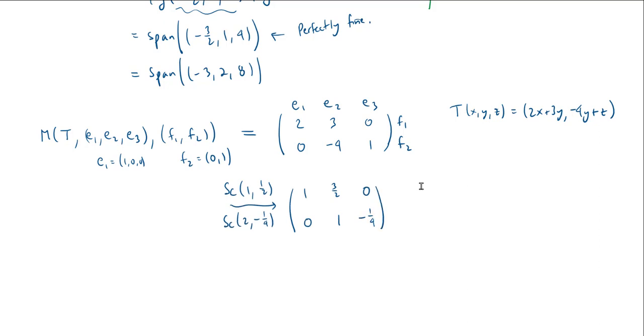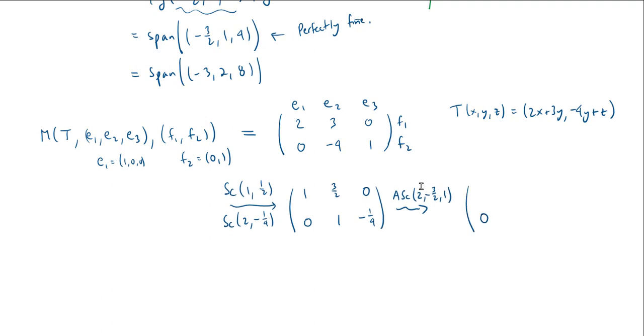Now I can clear this 3/2 if I like. To do that we need to multiply the second row by negative 3/2 and add it. This is the one where we add a scaled row: we take row 2, multiply it by negative 3/2 and add it to row 1.